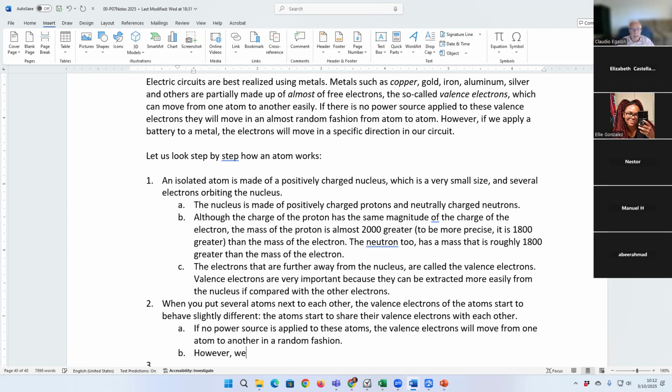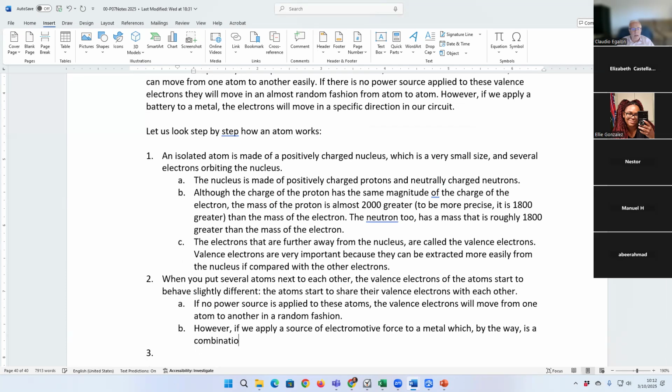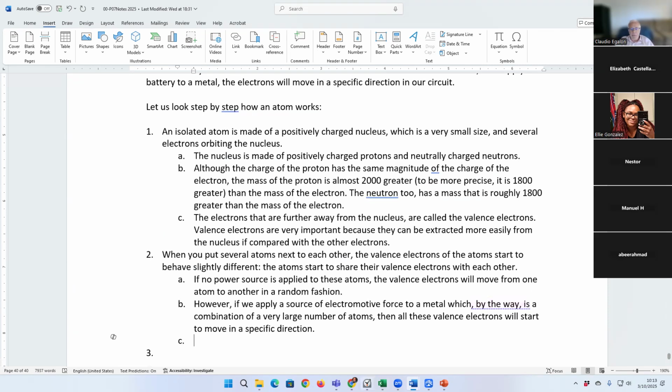However, if we apply a source of electromotive force to a metal, which by the way is a combination of a very large number of atoms, then all these valence electrons will start to move in a specific direction.